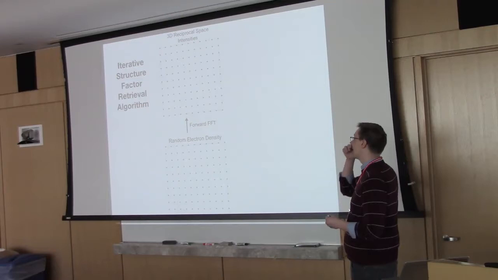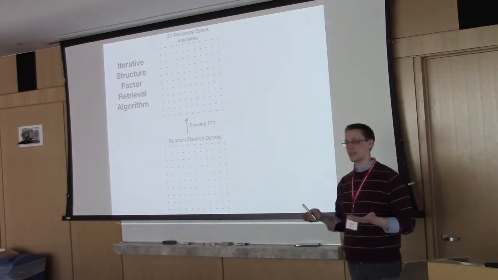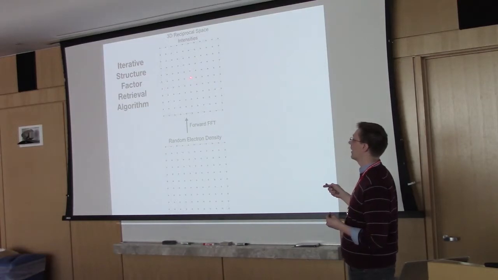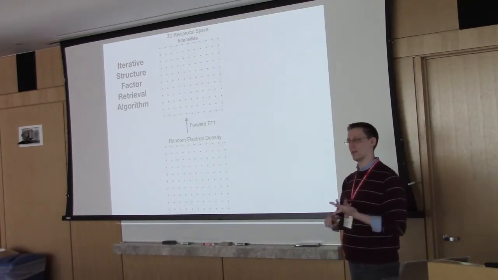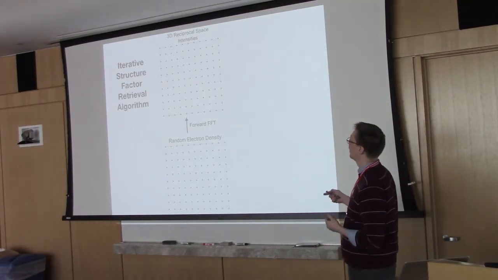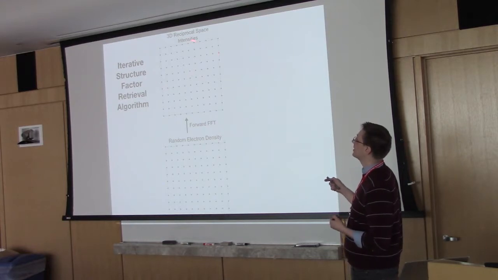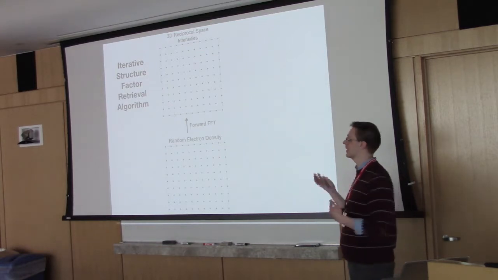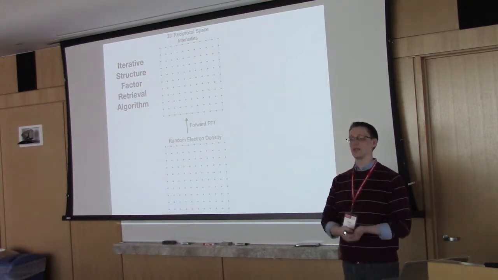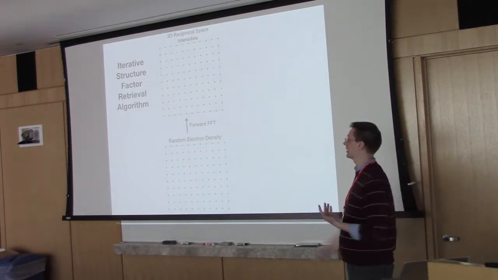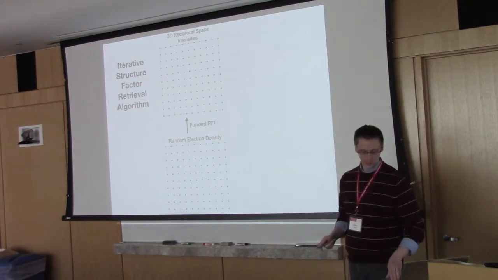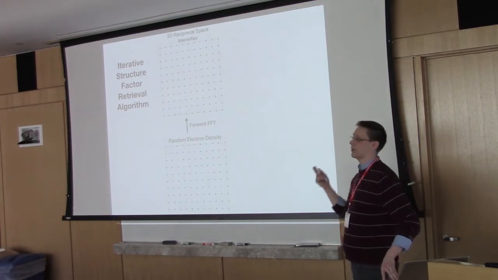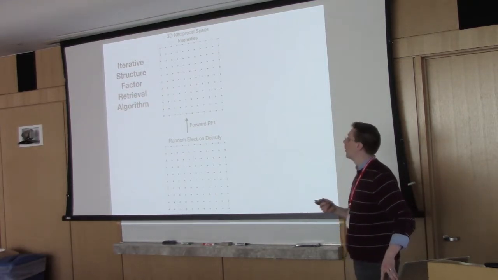The set of structure factors is again complex valued, so each grid point now has a real and an imaginary value. But we can calculate a set of intensities from that set of structure factors, which are just the structure factors times their complex conjugate. So this is all the same as what we do for single molecule imaging. So what's different about solution scattering?